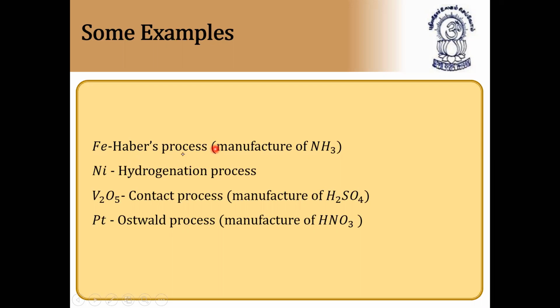Fe in Haber's process, nickel in the hydrogenation process, that is the production of vanaspati, and V2O5 vanadium pentoxide is used in the contact process for the manufacture of sulfuric acid, and platinum is used in the Ostwald process for the manufacture of nitric acid. All these processes we have discussed in p-block elements. So that's why they are used as catalysts. These are the examples. Next continuation.